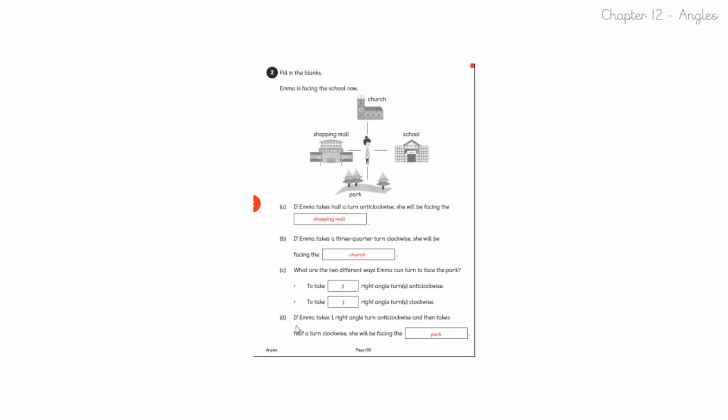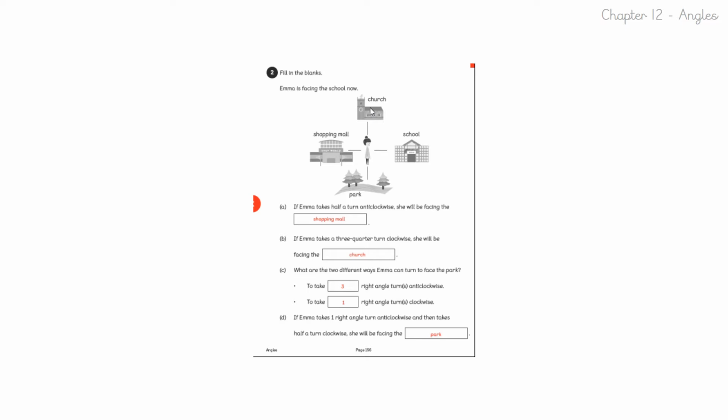Finally, D says if Emma takes one right angle turn anti-clockwise and then takes half a turn clockwise, she will be facing the... So let's check one step at a time. She's facing the school, and it says if Emma takes one right angle turn anti-clockwise, so to the left, one right angle turn, then she'll be facing the church, and then takes half a turn clockwise.